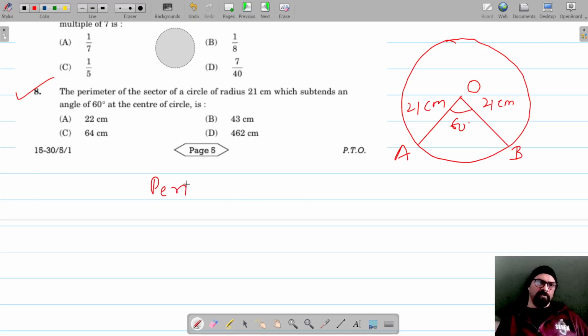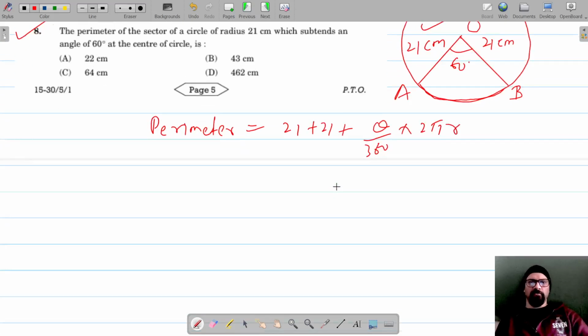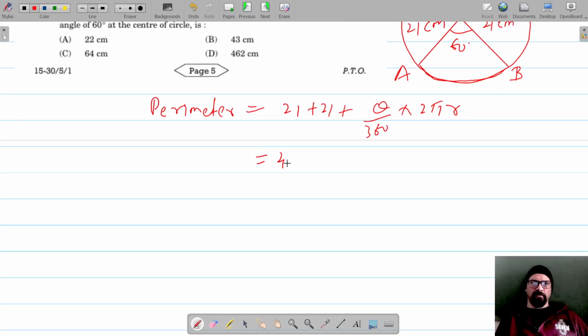Now the perimeter is the length of the outer boundary, which is 21 plus 21, just add the two radii, and the length of this arc. Now the length of the arc is given by theta by 360 into 2 pi r. So 21 plus 21 is 42.